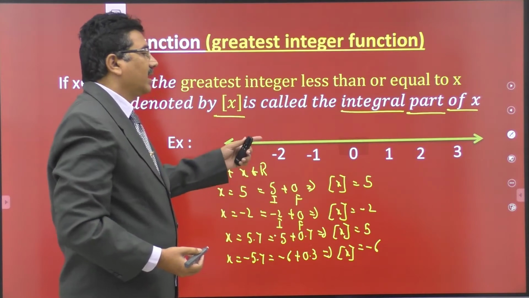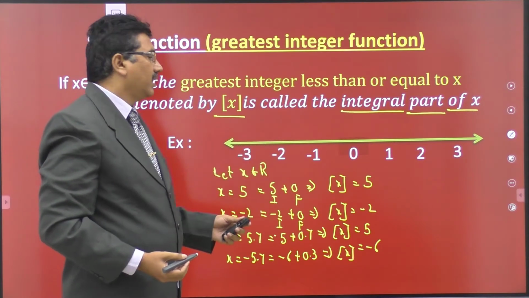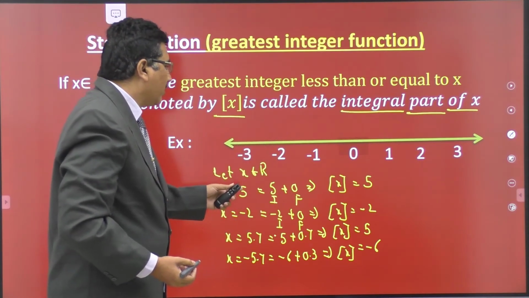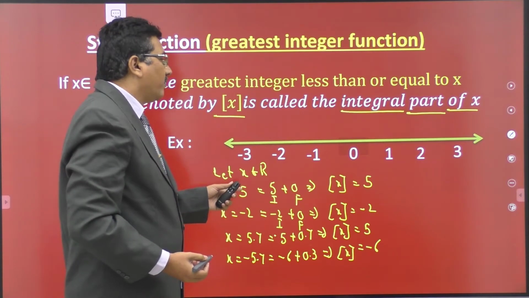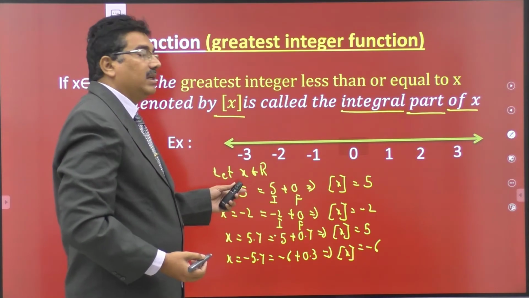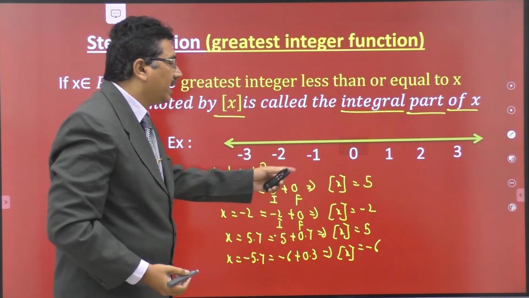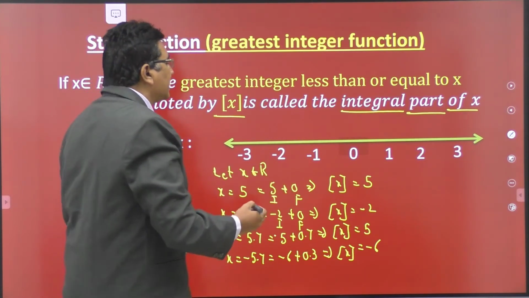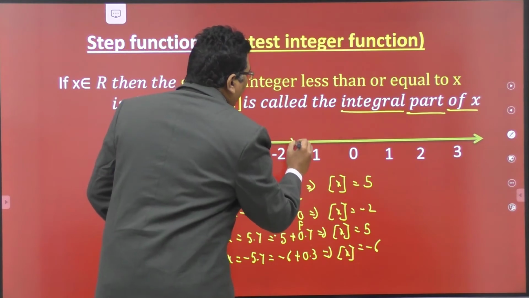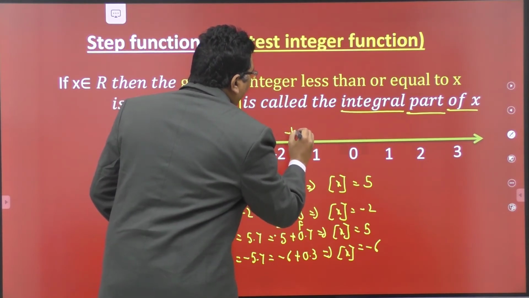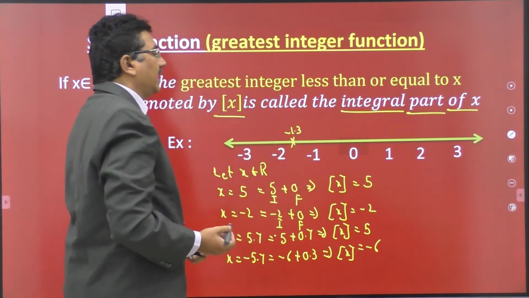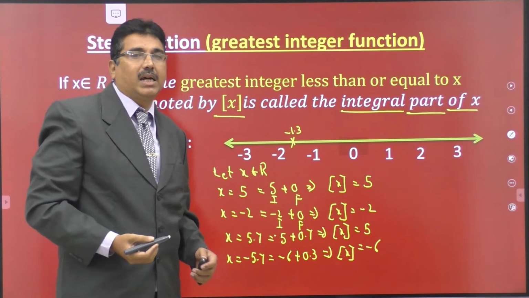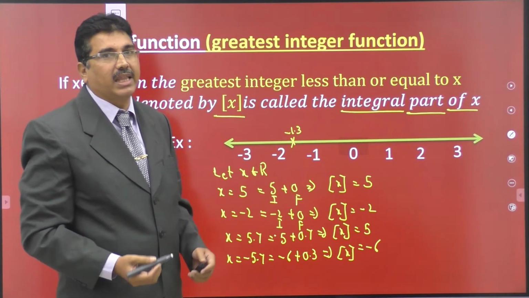By observing from the real line, suppose x is equal to 5. x equal to 5 is an integer, so its integral part is 5. Now we consider minus 1.3. What is the integral part of minus 1.3?